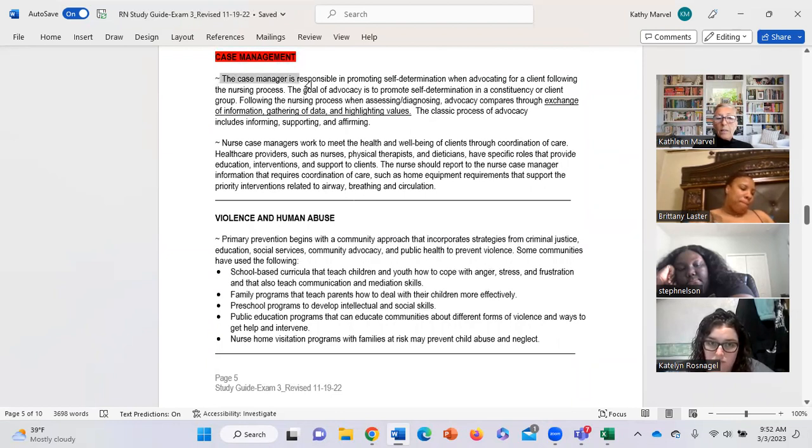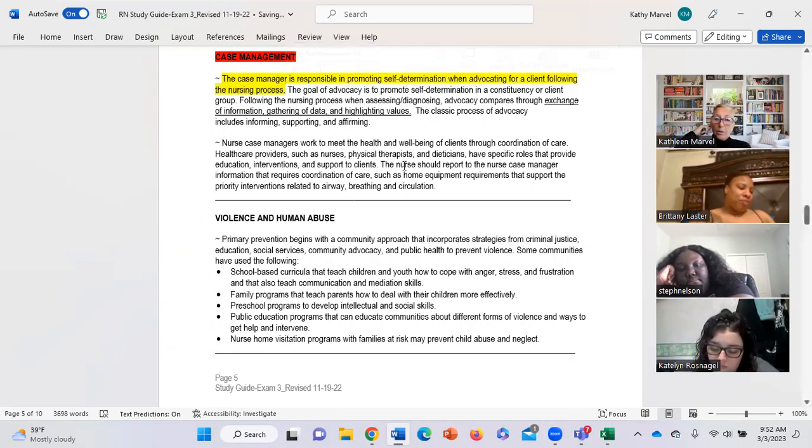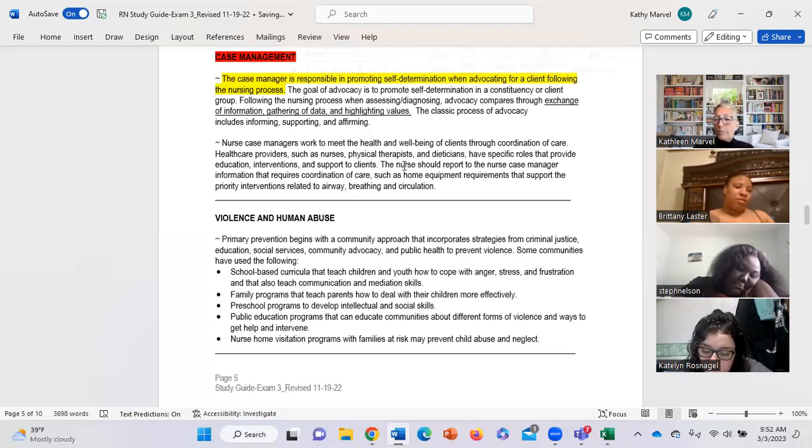This one starts out with a case manager is responsible for promoting self-determination when advocating for a client. Okay, so what does that mean? What's promoting self-determination in clients? Encouraging the patient to move, to do better, to exercise, taking control of their own life if they can.